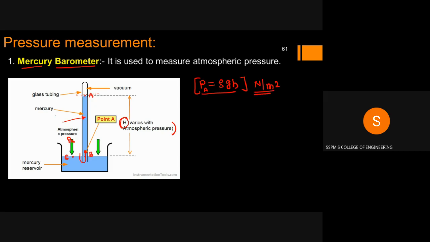Suppose we are using mercury to measure the atmospheric pressure. Let us take this liquid as mercury, Hg. Then the height h is equal to 760 millimeter, or 0.76 meter.